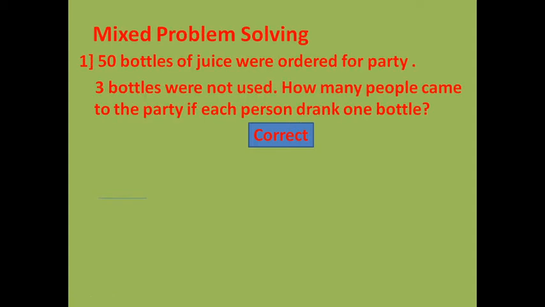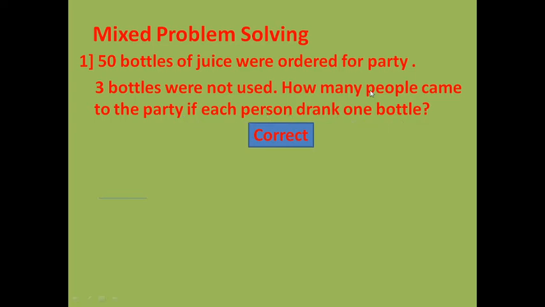Here is mixed problem solving. Number 1: 50 bottles of juice were ordered for a party. 3 bottles were not used. So how many people come to the party if each person drinks 1 bottle?